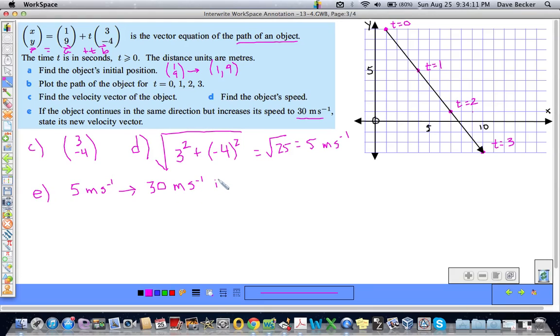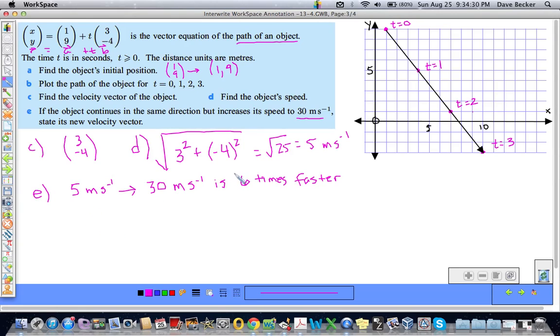which is 6 times as fast, right? 30 meters per second is 6 times faster than 5 meters per second, okay?